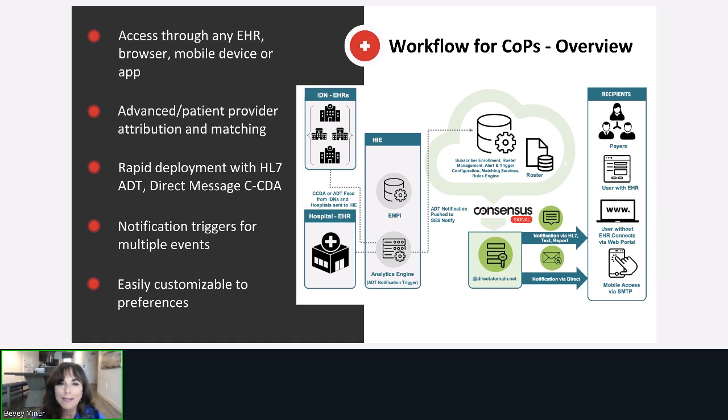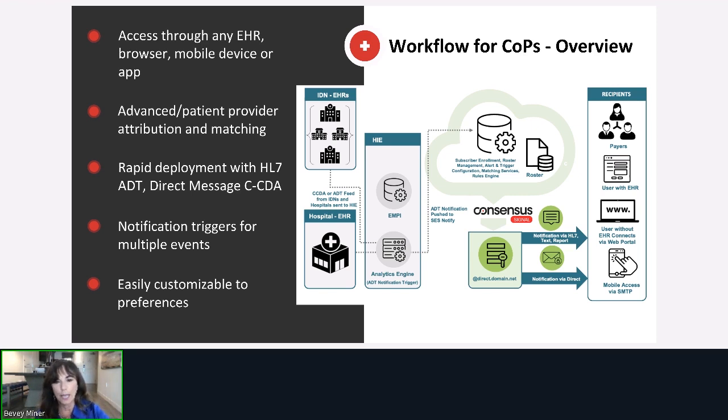You can access through any EHR, browser, mobile device or app. With this particular example, through Consensus Signal, you can have advanced patient and provider attributions and matching. What's really important about that is that you might be asking the question, well, how does the hospital know what providers they're supposed to be communicating to?